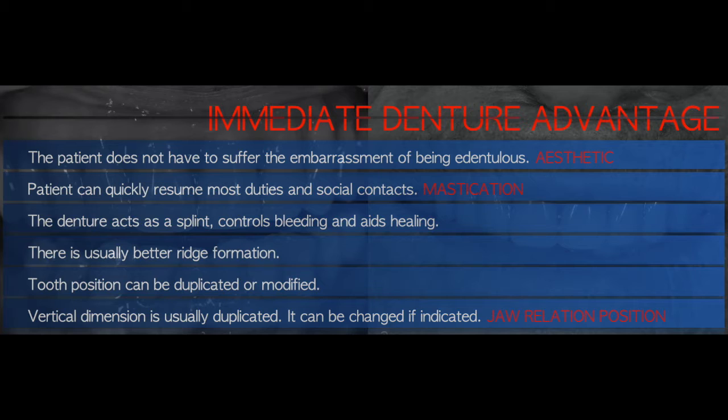And also the vertical dimension is usually duplicated because the existing teeth are vertical stops, which define the vertical dimension, and they are still present with the patient. So it can be used, and the jaw relationship can be duplicated in an immediate case.